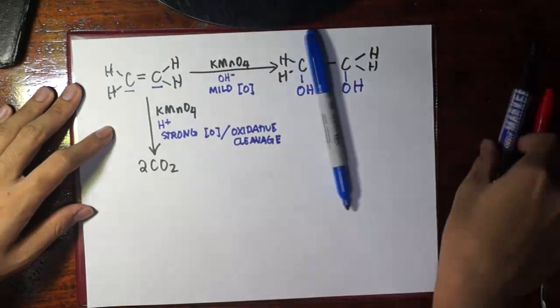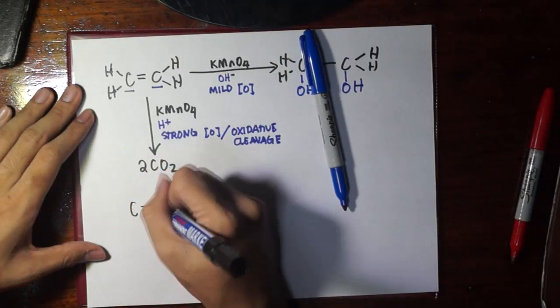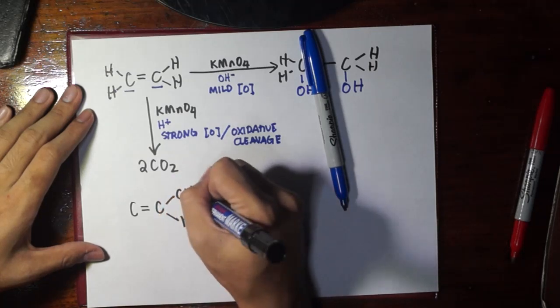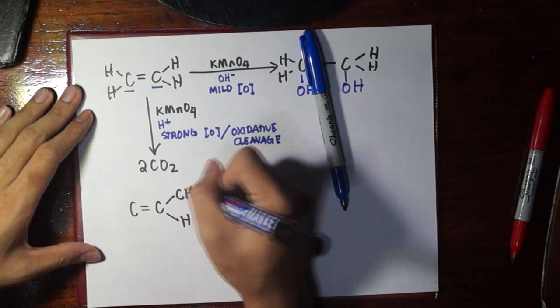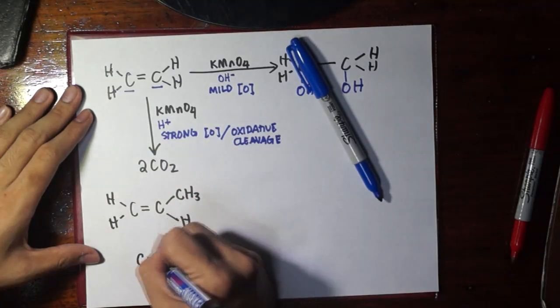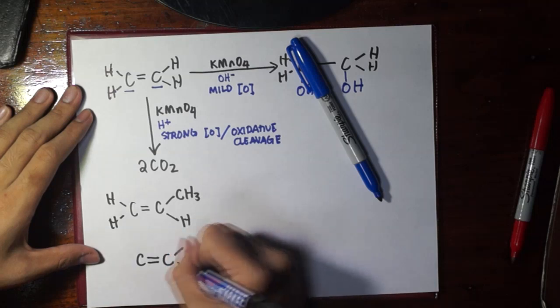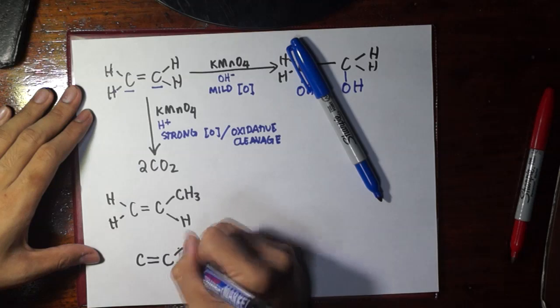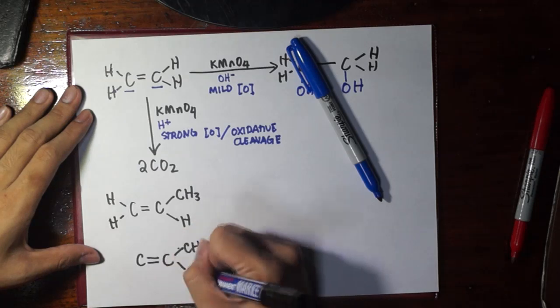But there could be a case wherein a carbon has only 1 hydrogen attached to it because the other bond is with a carbon. There is also another case wherein this carbon has no hydrogen bonded to it because both bonds are used up for a carbon to carbon bond.